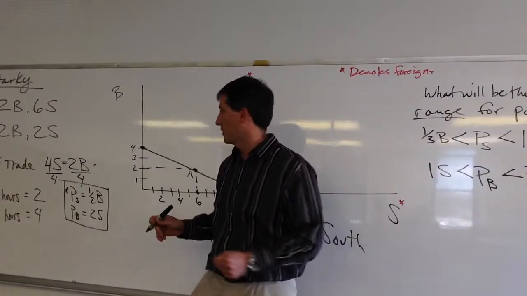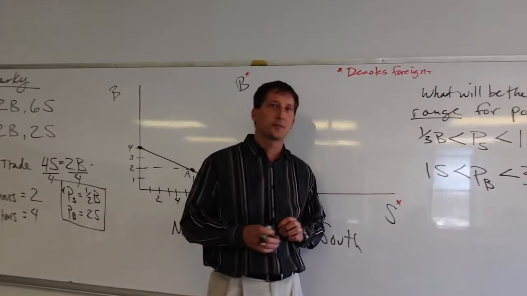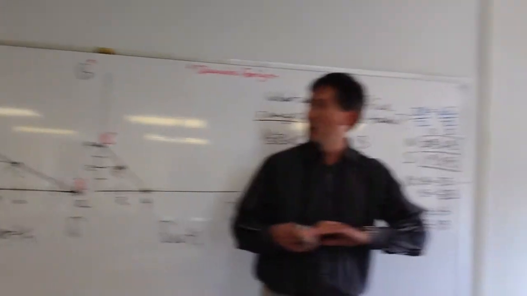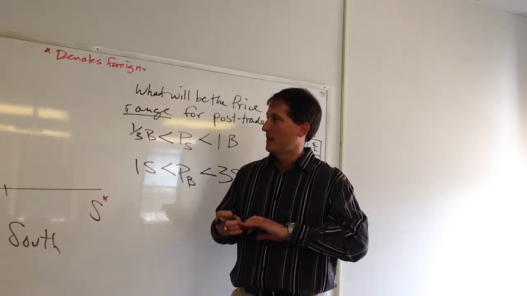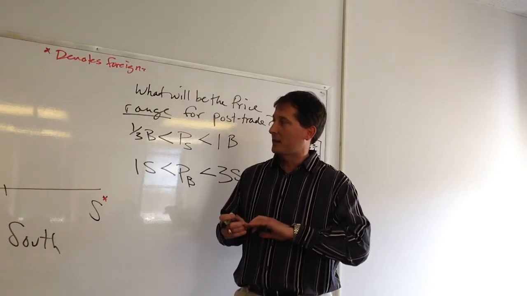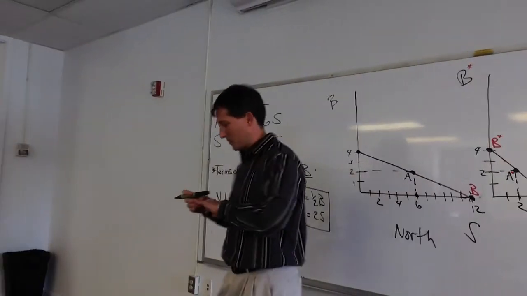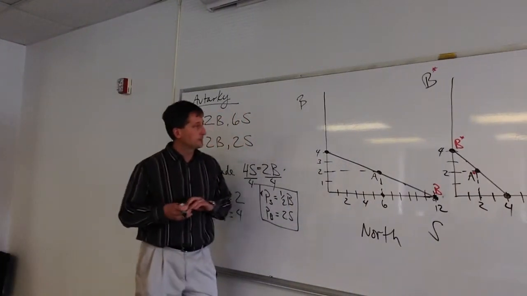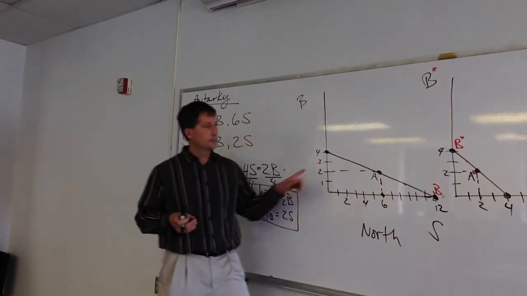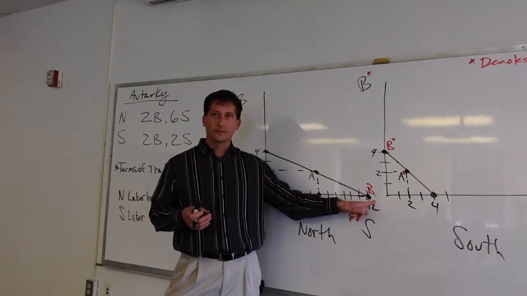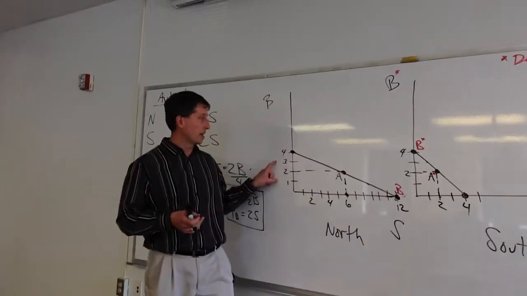Gains from trade in terms of shirts. 2 for each. So graphically, what you want to do is do what? And figure out your other thing, right?